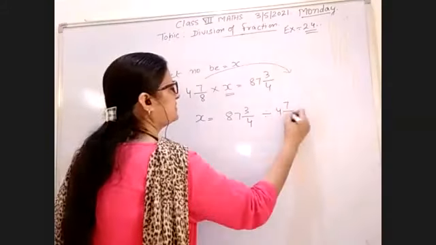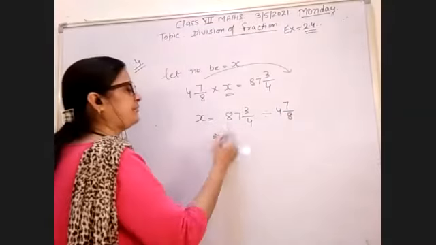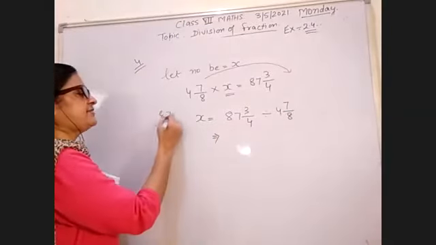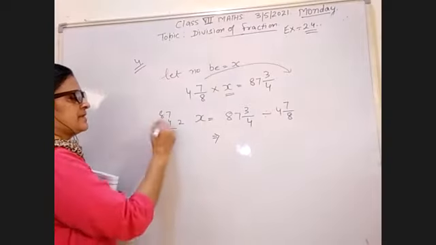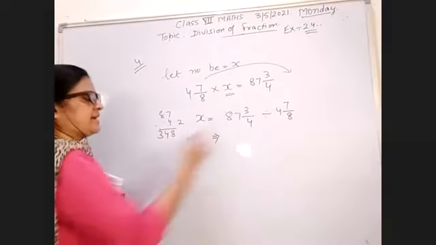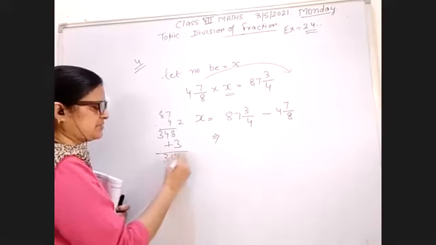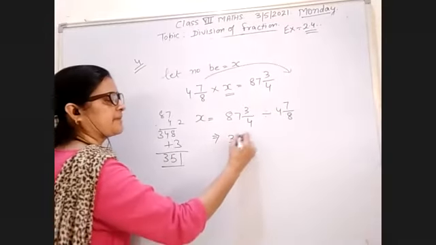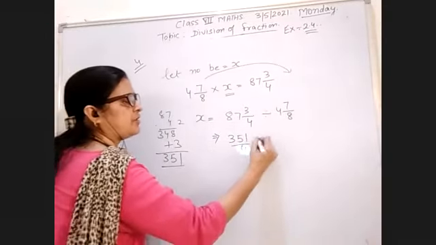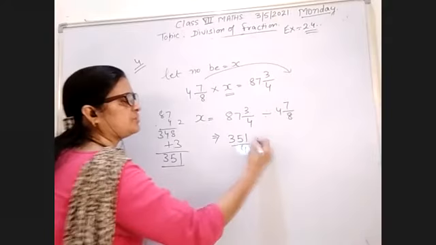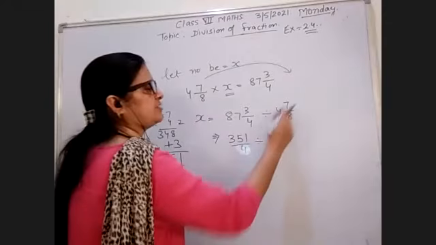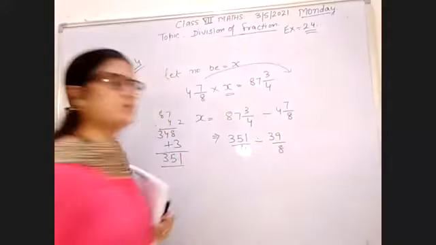It becomes divide. So when you multiply 87 by 4, 348, and you add 3 in it, it becomes 351. Or you divide this portion by 8. 4 8ja 32 plus 7, 39/8.